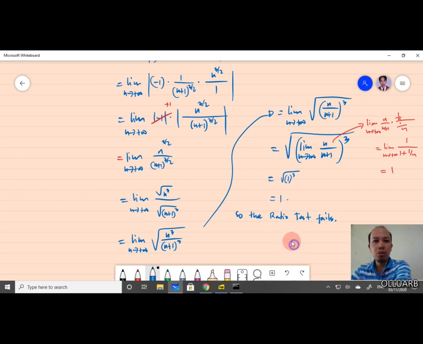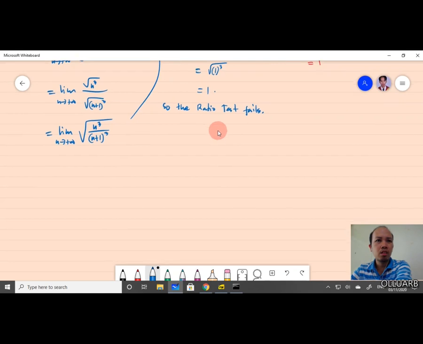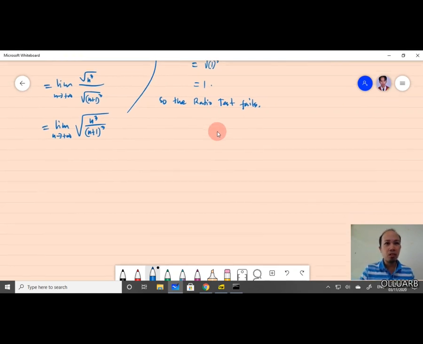Do not conclude. You can still continue, since the series negative 1 raised to the power n over n to the 3 halves, where n starts from 1 to positive infinity, is convergent.